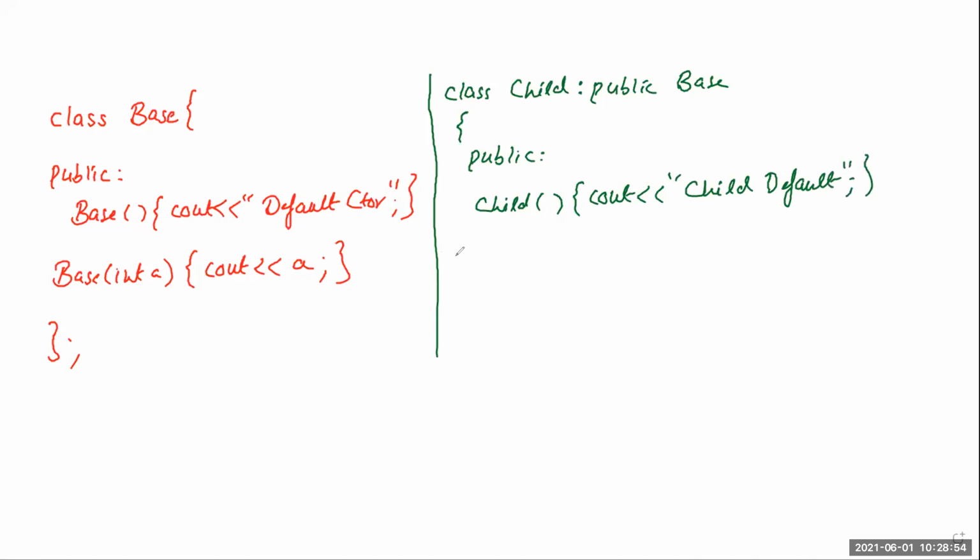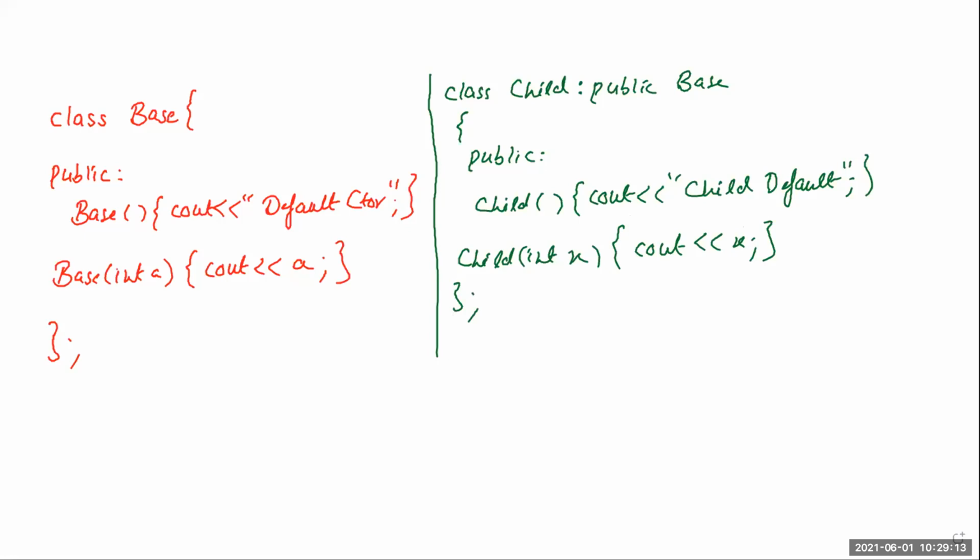I'll also make this program so that you can see the output, but presently we are only discussing. Then I pass it some integer x, okay? And within this, I simply display the value that was passed. And that's it. We conclude this class here.